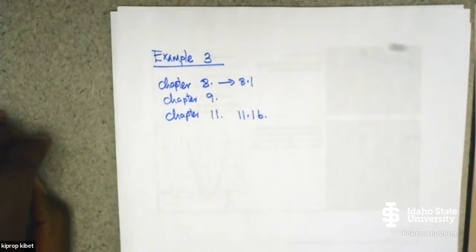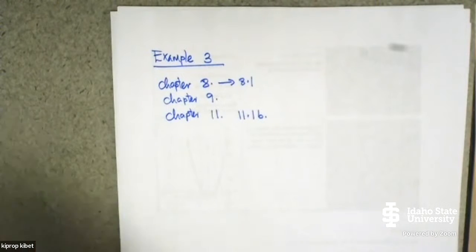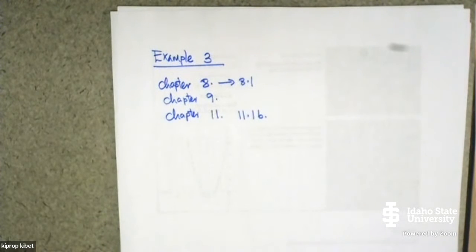For the final, it will be comprehensive. I already posted the sample of the final. The exam will be comprehensive, so it will start from chapter 1, where we started, up to section 2.3, the last.